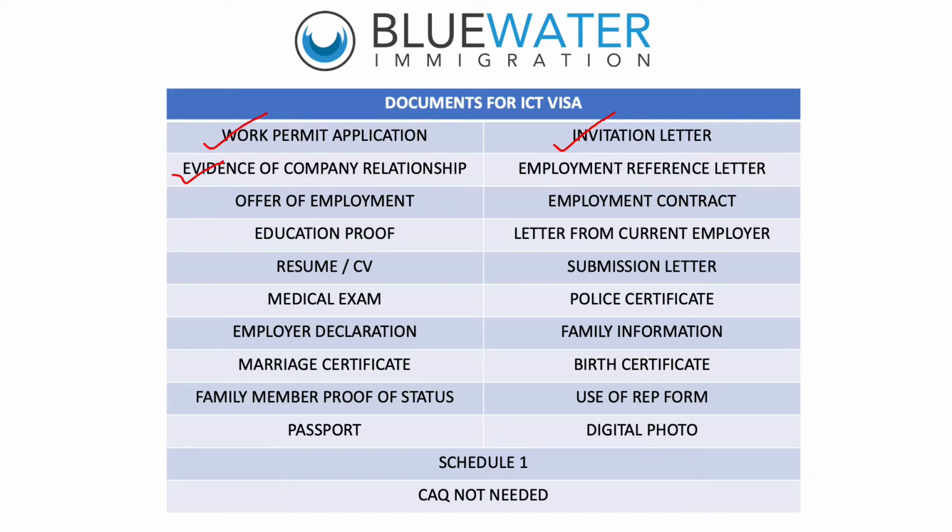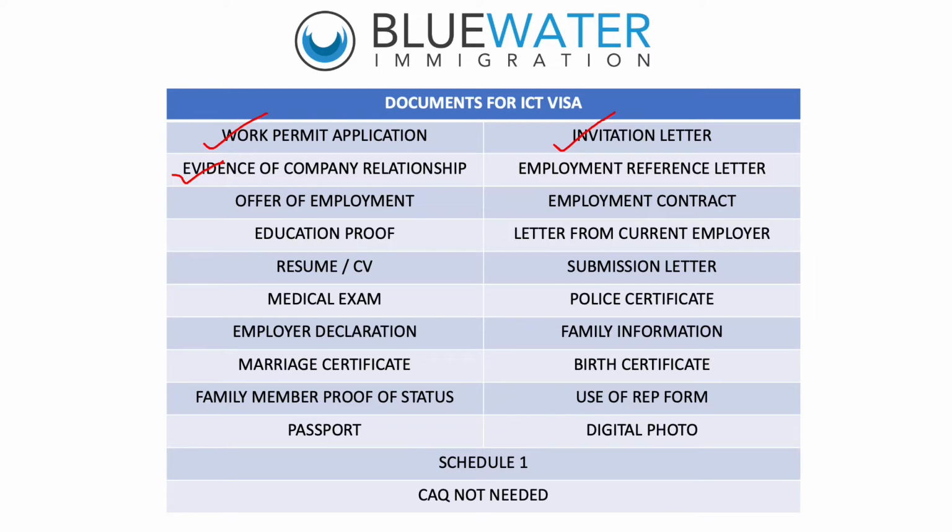Now the fourth most important document would be the employment reference letter. This is a letter that you should get from your current or past employers. If you've had more than 2 employers in the last 2 years, you should provide a letter from each of those employers. Reference letters must always be written on a company letterhead.